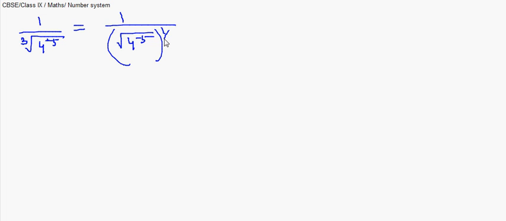Let us move on with 1 by 4 to the power minus 5 third root. How do we do this question? Take one at a time. This is equivalent to writing the third root of the fourth power of 5.